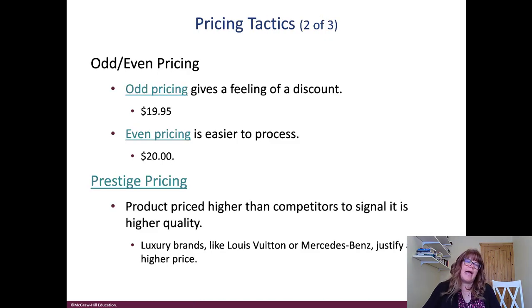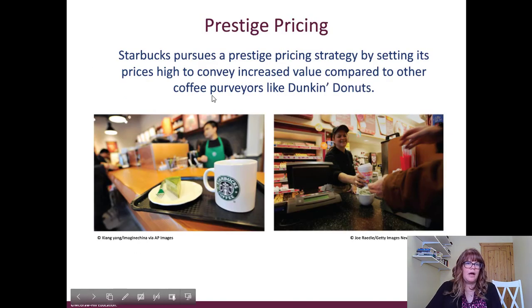Okay, pricing tactics. Odd-even pricing. Odd pricing is a tactic in which a firm prices products a few cents below the next dollar amount, like $19.95 or $19.99. Even pricing sets prices at even dollar amounts. Prestige pricing.